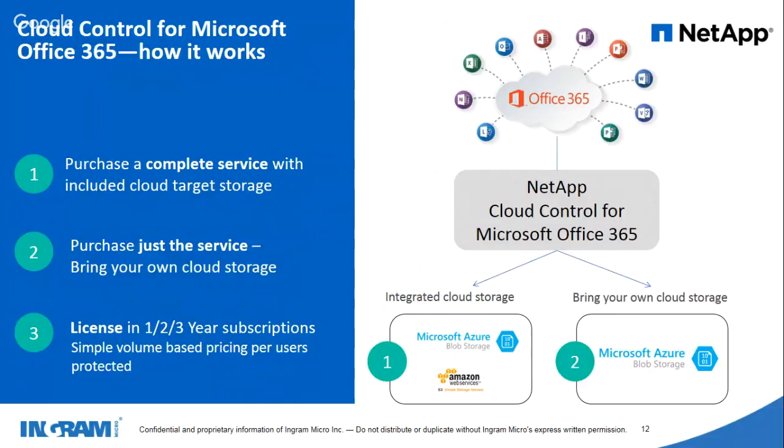It can dump the backup data onto either Amazon or Microsoft Azure. Now the integration with Microsoft Azure is much more seamless, and hence we would encourage customers to use Microsoft Azure, and also I will show that in a particular demonstration now.